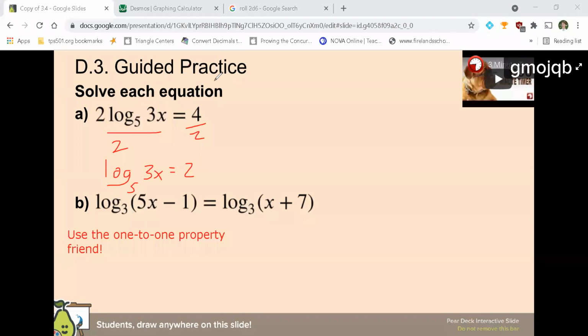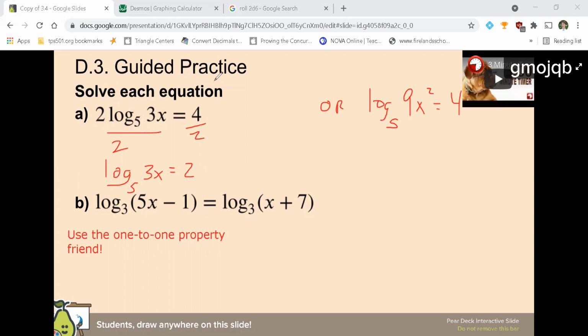So you could do this, log base 5 of 3x squared, which is really 9x squared, right? 3 squared is 9, x squared is x, equals 4.